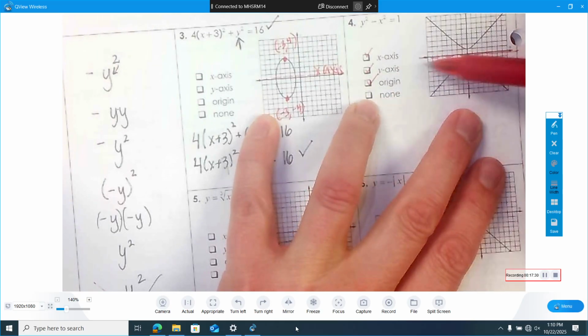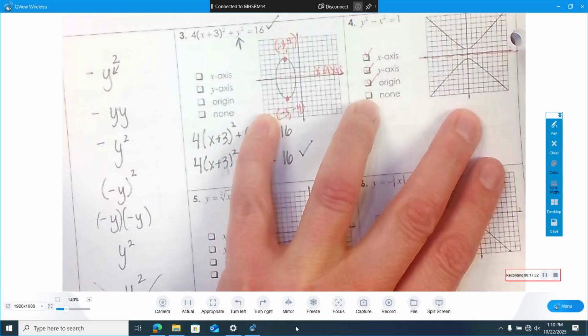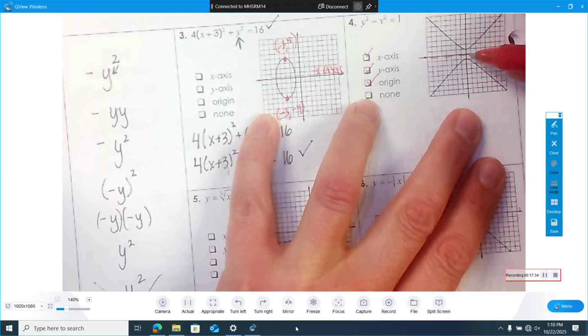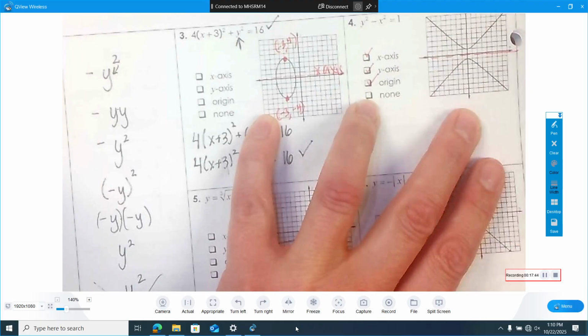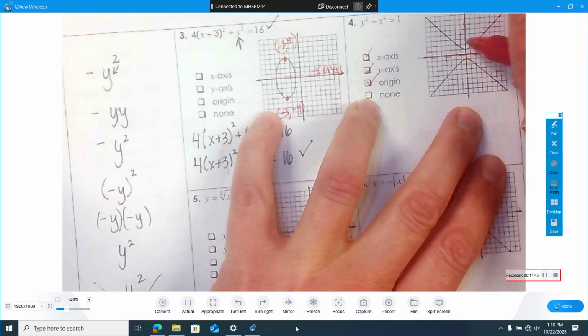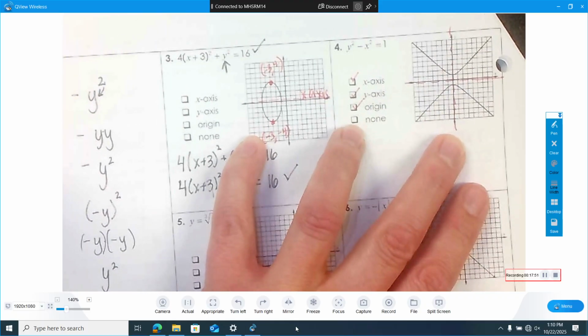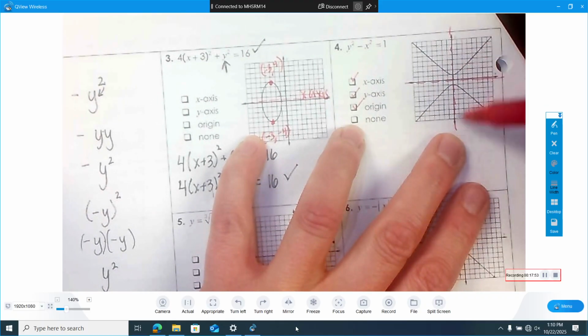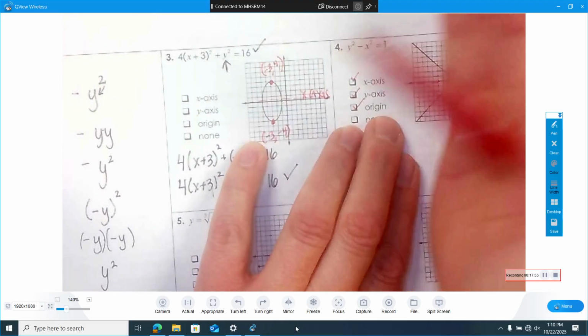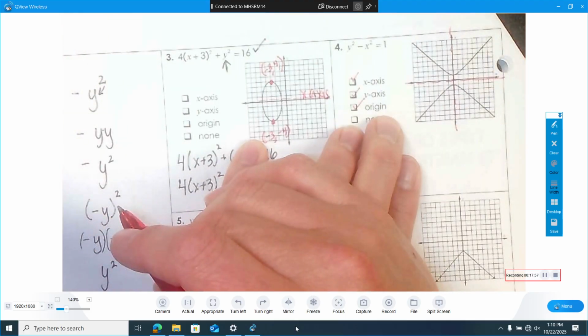Let's see. So I definitely think I see some x-axis symmetry here. Kind of looks like it's going through like negative 3, 3, and negative 3, negative 3. So I definitely see some x-axis symmetry. Y-axis, does it look like it's... Oh, yeah. So y-axis symmetry, is it folded left to right? That looks like it could be.